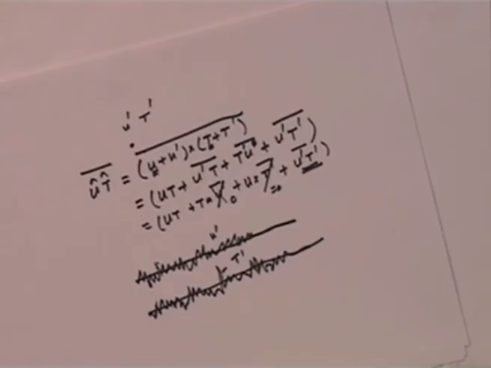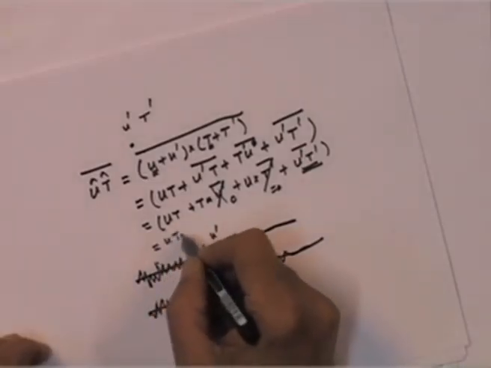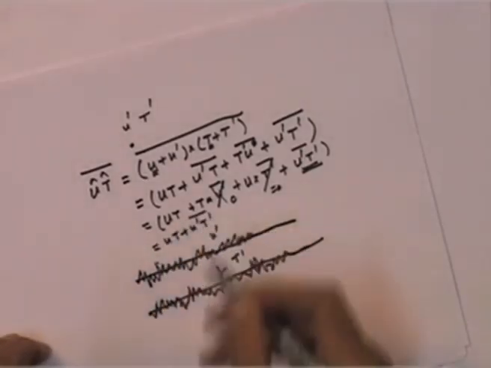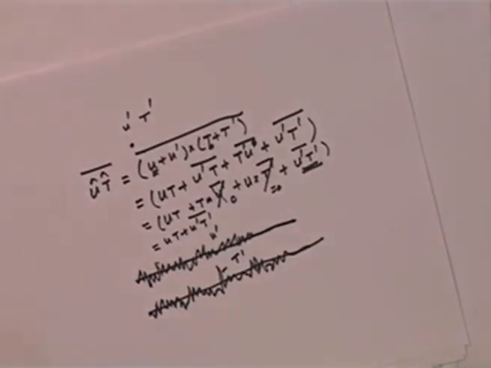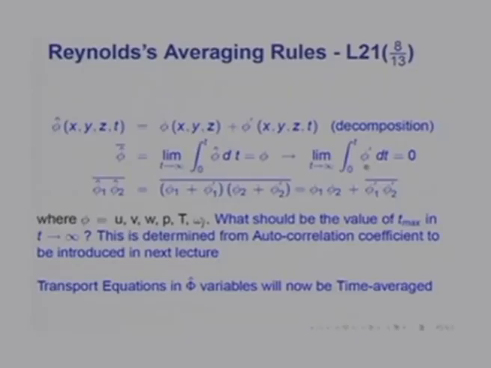So, in other words, the time averaging of the product u t will be equal to u t plus u dash t dash, and that is what I have shown here in this slide, that phi 1 phi 2 time average is equal to phi 1 multiplied by phi 2 plus phi 1 dash phi 2 dash time averaged.